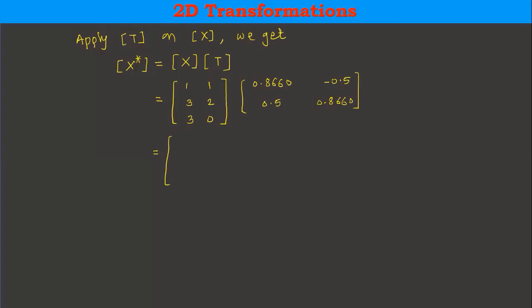First we have to enter these two matrices in your calculator. Before that, you have to convert your calculator into matrix mode. How to convert it into matrix mode? Just press the mode button 3 to 4 times. You will get an option: equation, mat, and then vector.